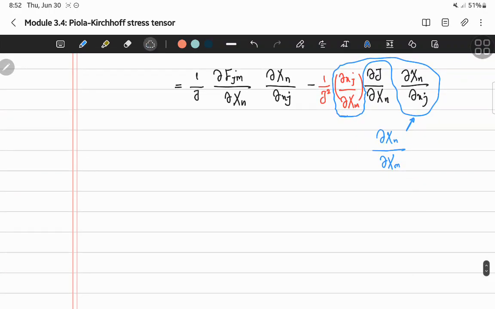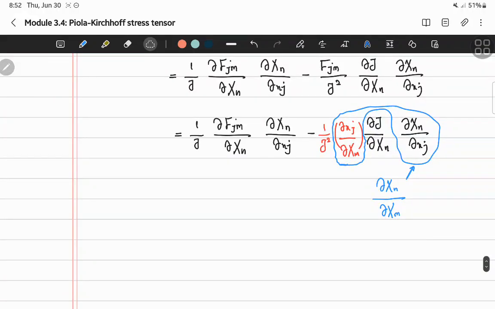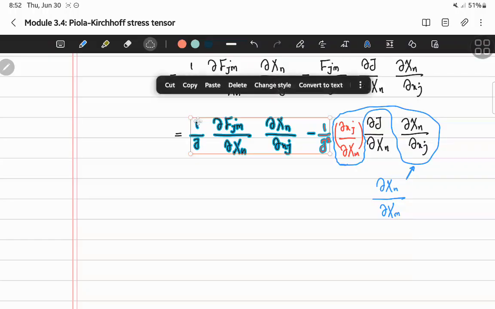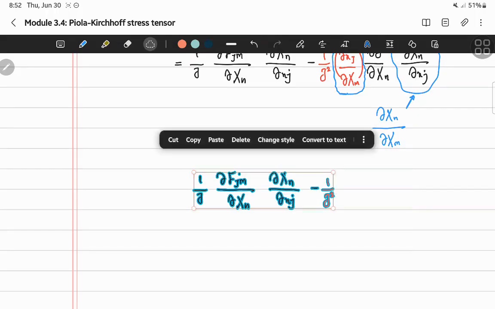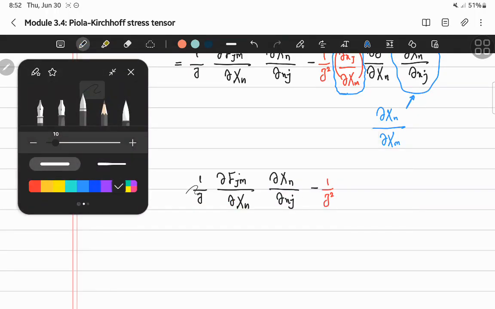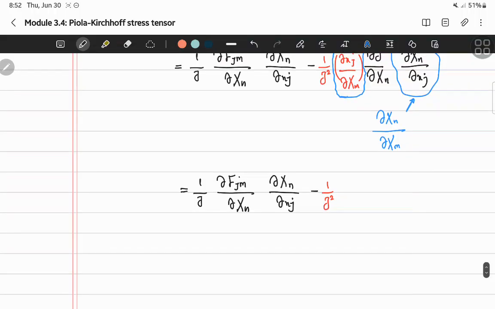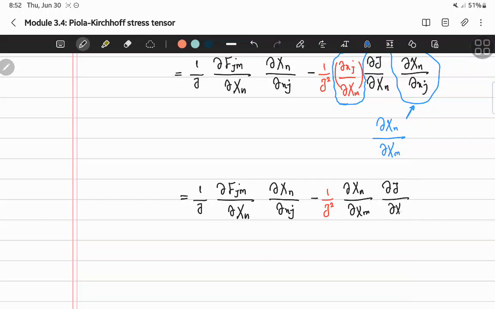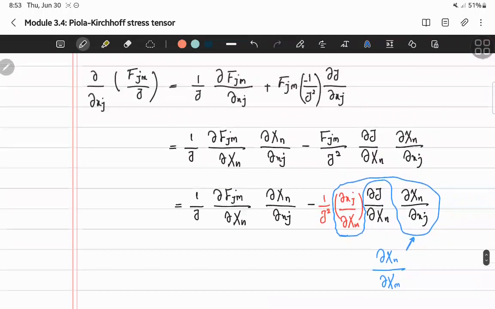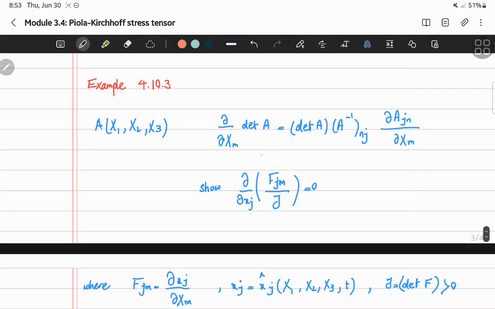So if I just copy, paste this in here, then we have the partial derivative of xn with respect to xm, and then we have the partial derivative of j with respect to xn. So here we have the partial derivative of j, which is the determinant of f basically, with respect to xn, and this is what we have in here right now.